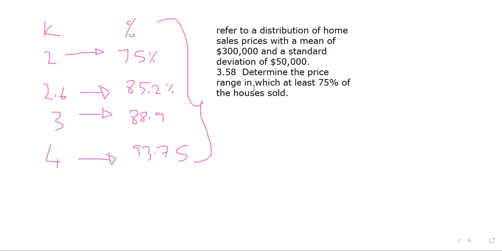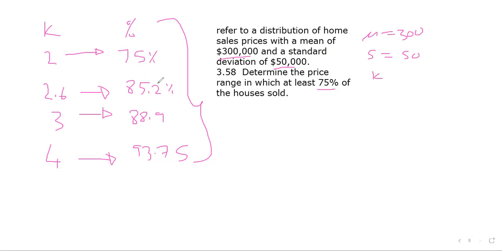Determine the price range in which we are at least 75% sure that the houses will be sold. So what is our mean? Mean is 300,000. What is our standard deviation? Standard deviation is 50,000. What is our k?